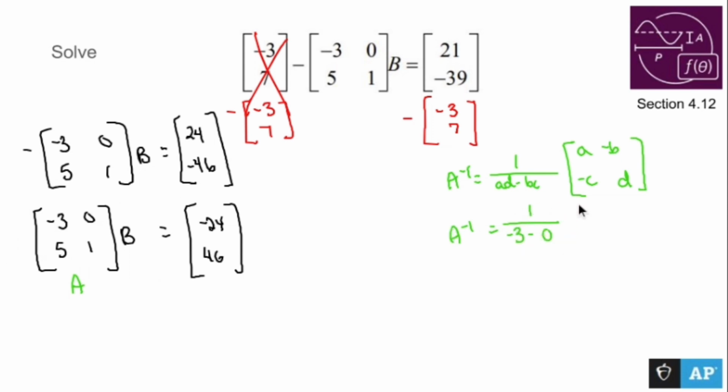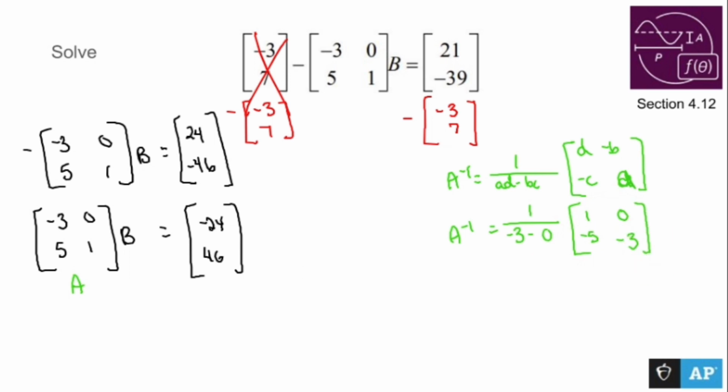Well, that's good news. I forgot to do it. You flip-flopping the A and the D, perfect, is going to look like 1 and negative 3. And then making the B and C negative is not going to do anything to 0, but it's going to make that 5 negative 5.